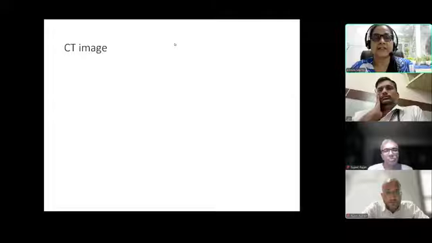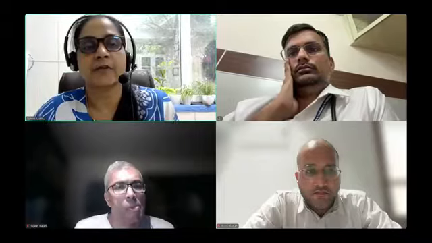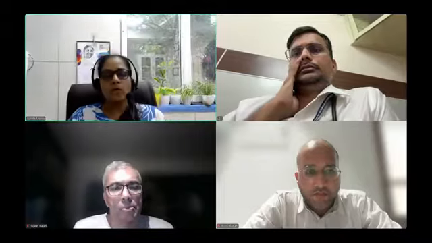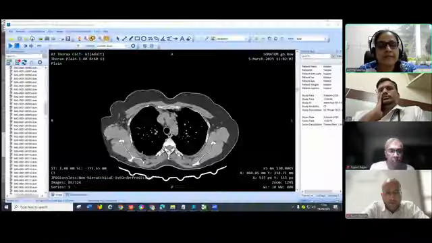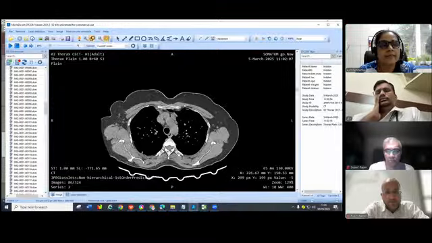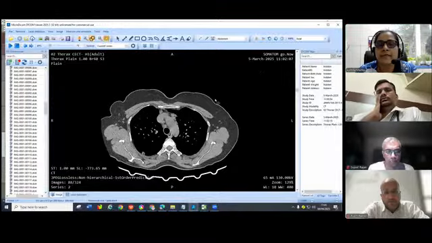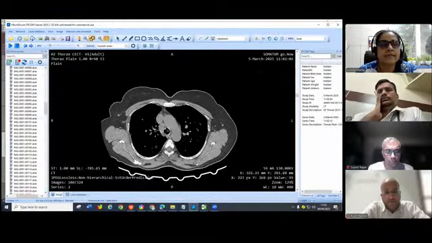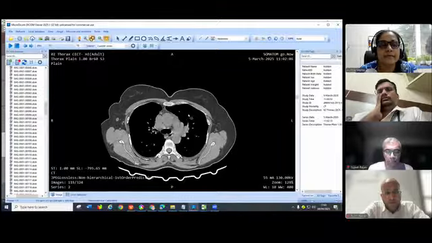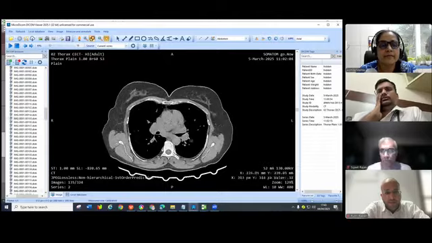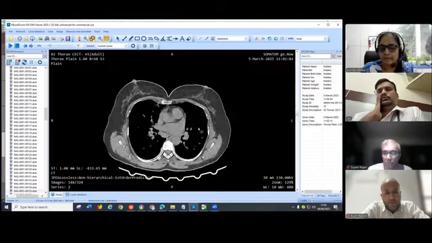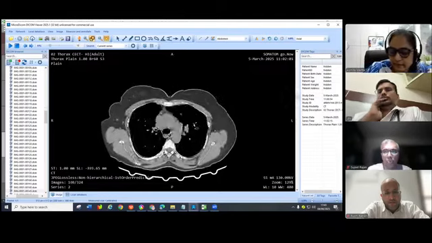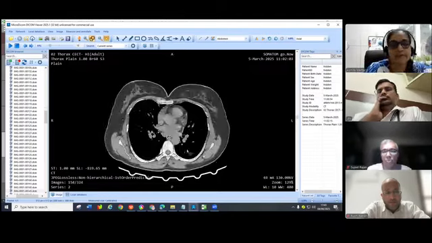And we did a CT scan chest. This is outside CT, not from Amrita. So this is a CT done on 5th of March. On the mediastinal window, we see multiple nodes are there, right paratracheal, subcarinal, bilateral hilar, quite a bit of nodes which are significant looking.